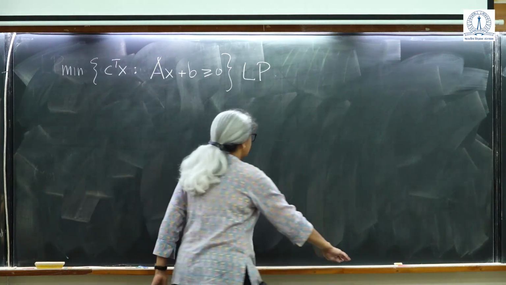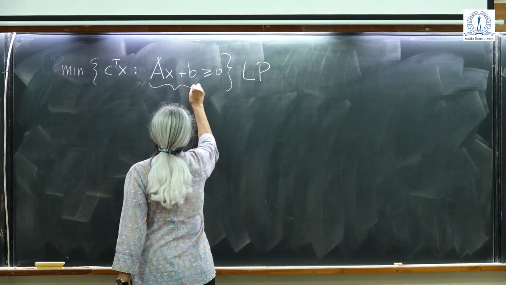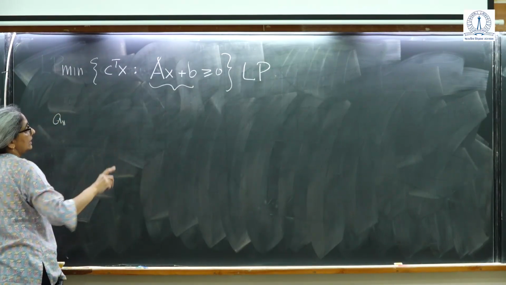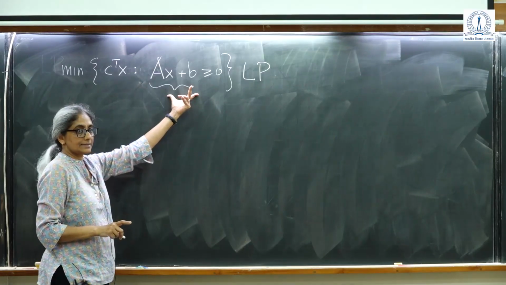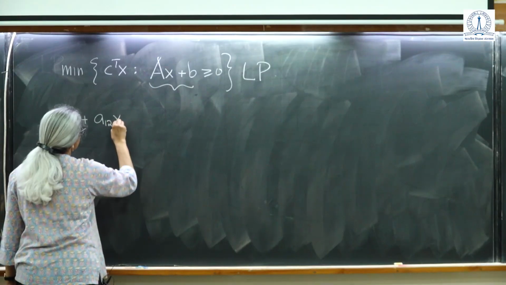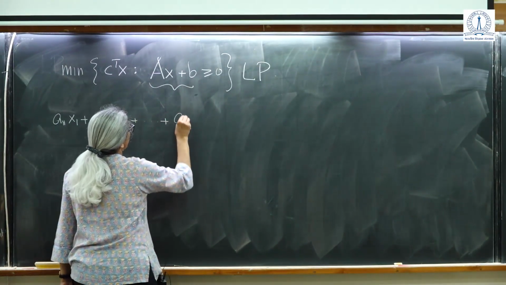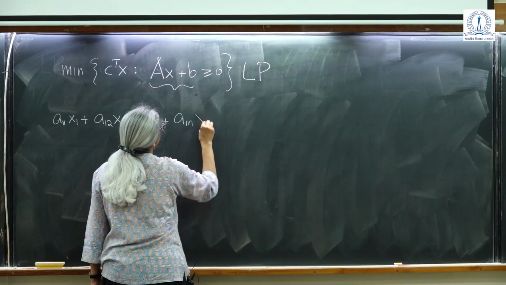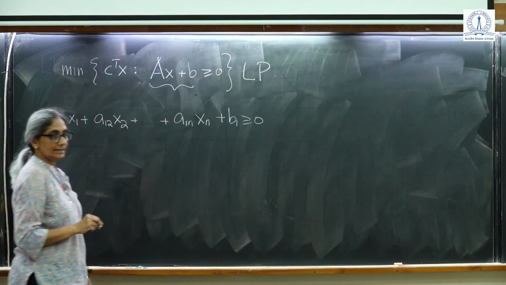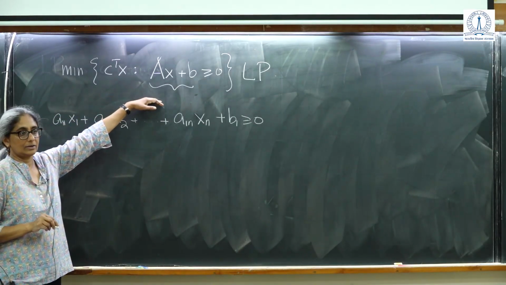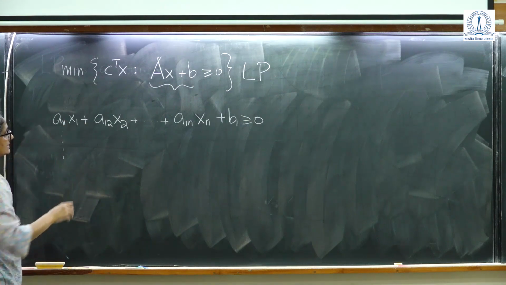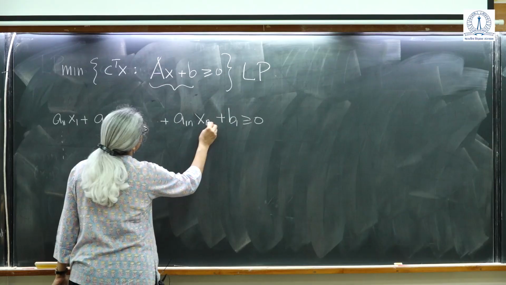Now let's think about what this is. I'm going to write out the first inequality in this system. The first inequality is A11 x1 plus A12 x2 plus up to A1n xn plus b1 greater equal to 0. Now I'm assuming there are n variables, it doesn't matter, but let's say there are m variables.